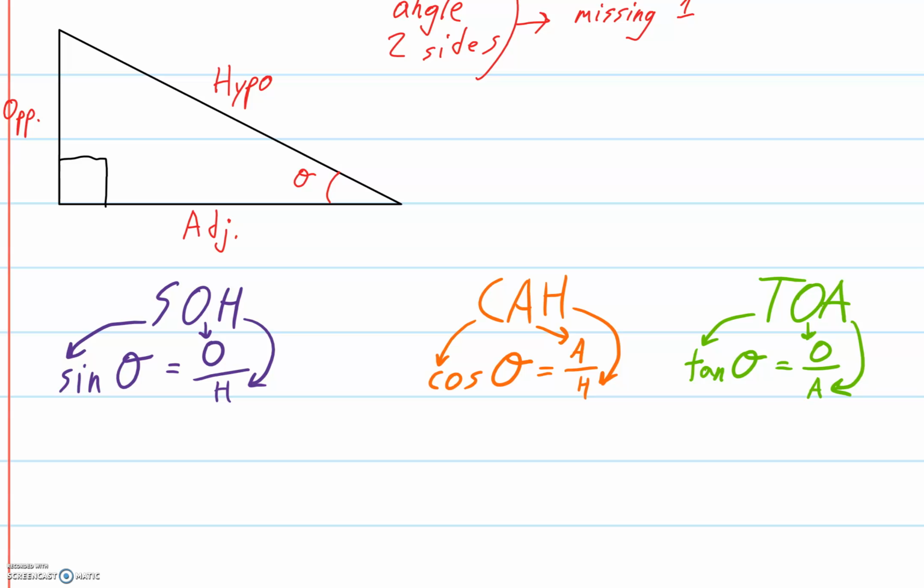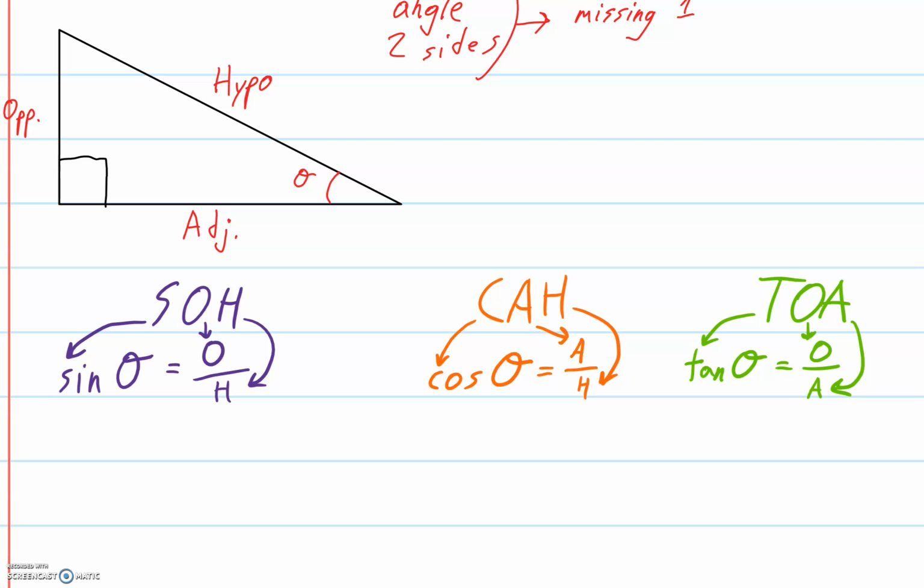So with that in mind, we can now rearrange this to solve for any one of the three values. So let's take a look at sine first in purple. Do we want to solve for the angle, the opposite, or the hypotenuse first? Let's try to solve for the easiest one, which is the opposite.